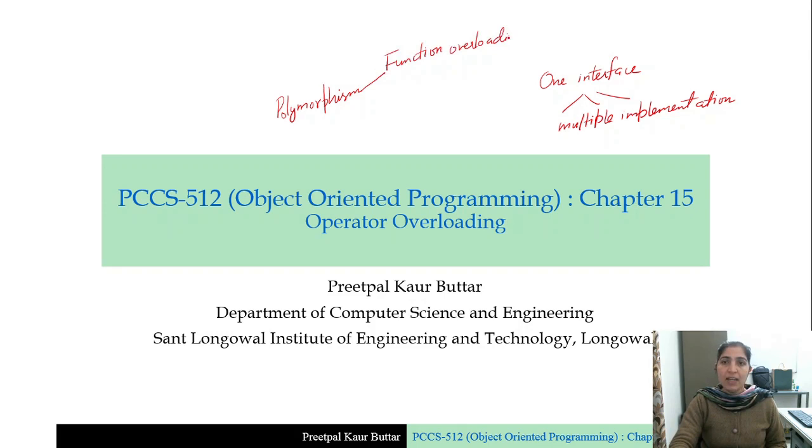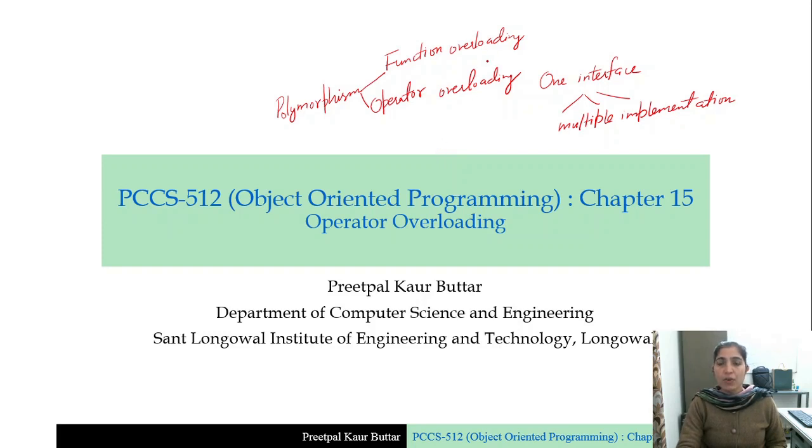And the second kind of polymorphism is through operator overloading. So the two ways to achieve polymorphism in C++ are function overloading and operator overloading.